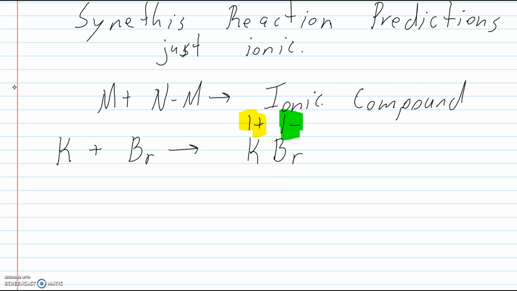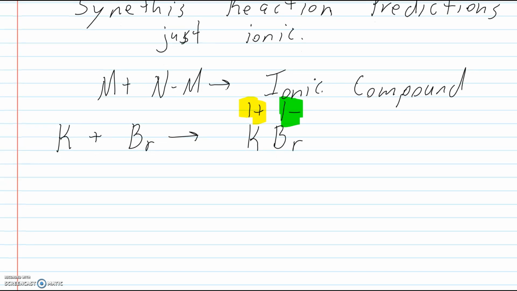Let's take a look at another one and see if maybe we can get one that does require some subscripts. So we're going to look at barium plus, let's go with fluorine. Oops, sorry. And those are diatomic, so I should have had a little 2 there to start.